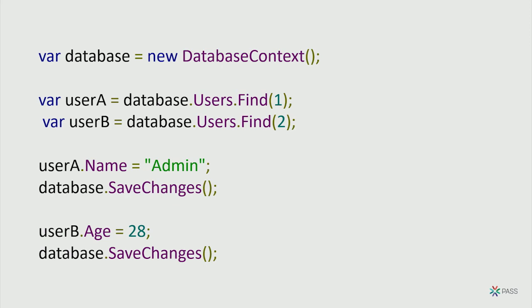So imagine we didn't have that first save changes. We just said user A.name equals admin, user B.age equals 28, and then we did the same changes. Say you had some kind of constraint on age, and age could only be up to 25.